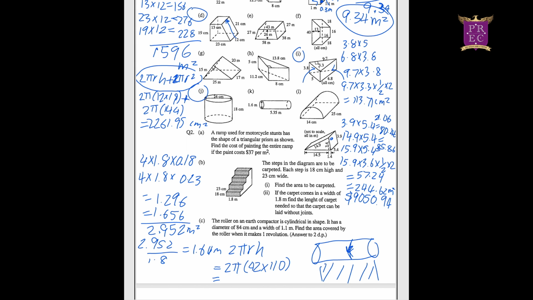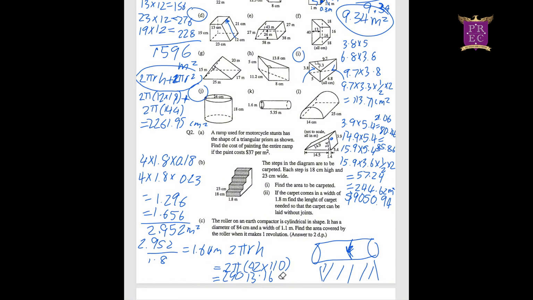Okay, so when you put this in the calculator, you would get 29,013.16 square centimeters. Okay, because remember, we really need the units in these type of questions.